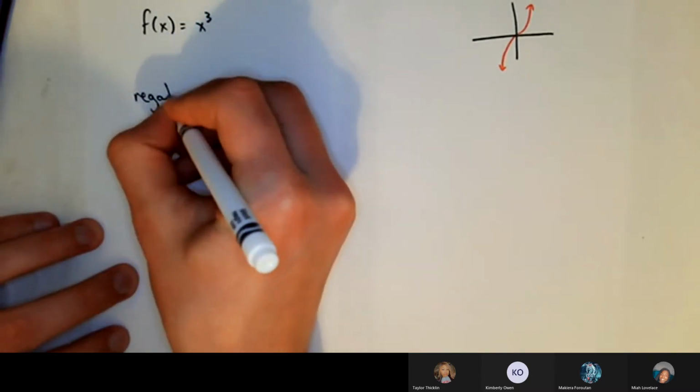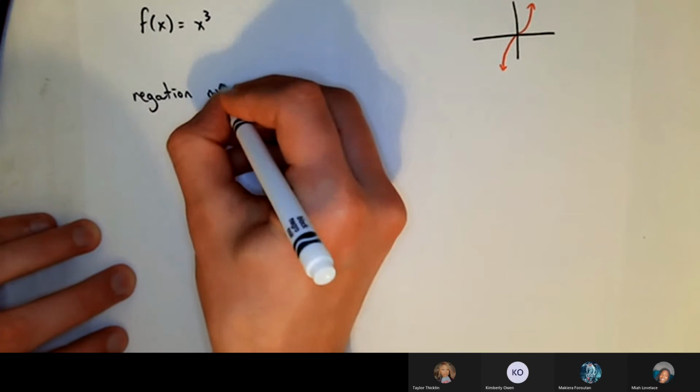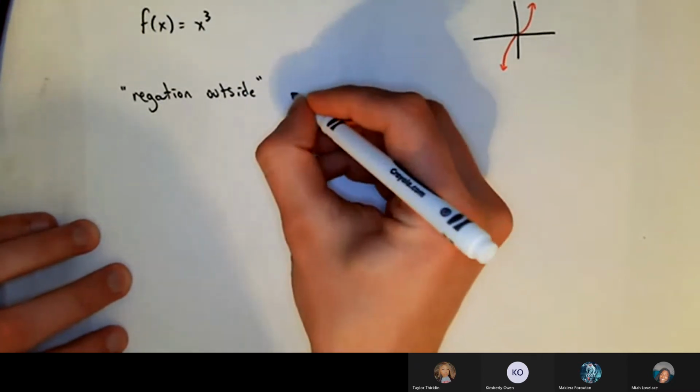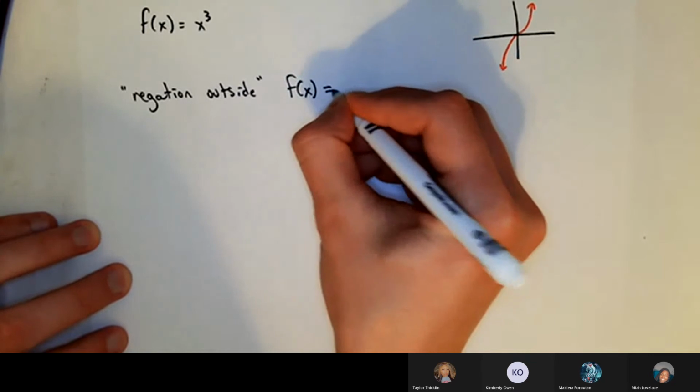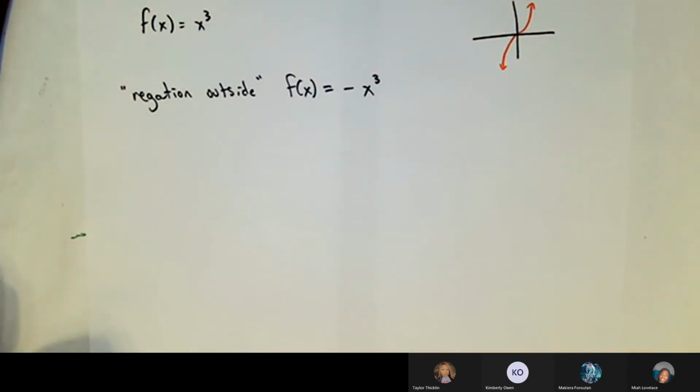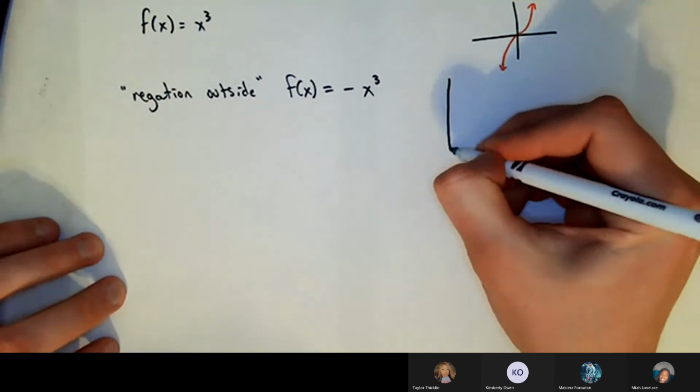Let's just do negations. A negation outside, so what does that look like algebraically? Like this. What does that do?